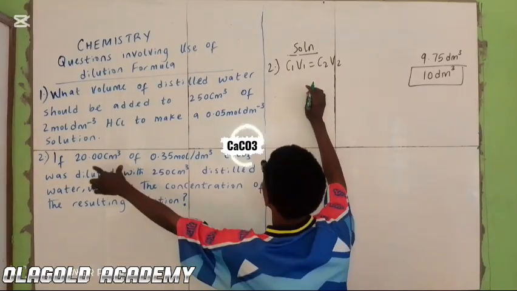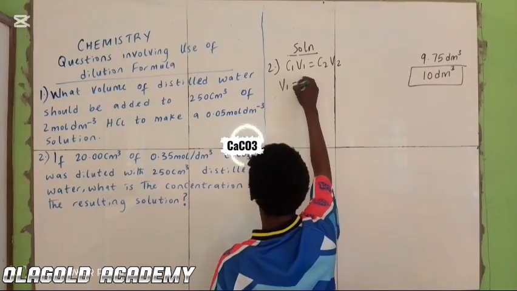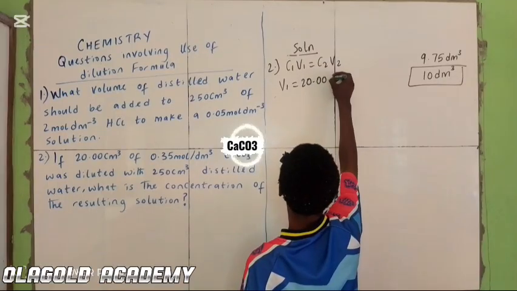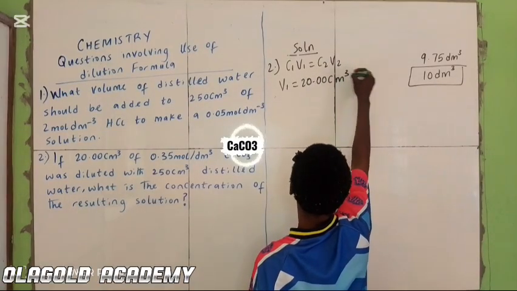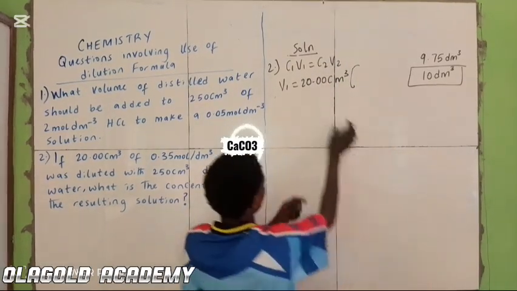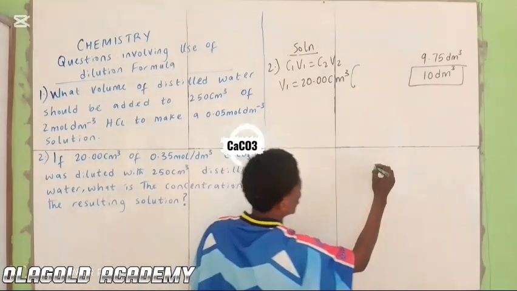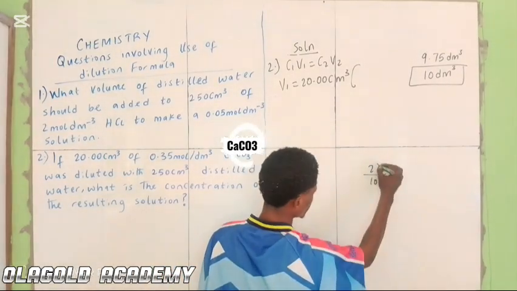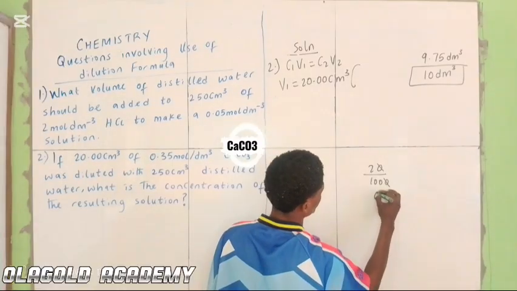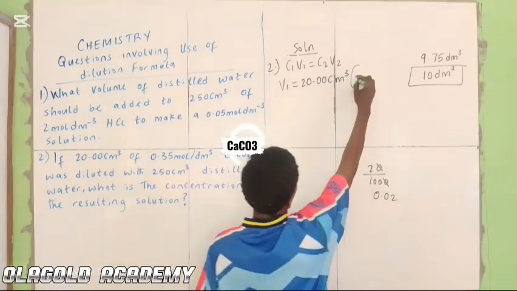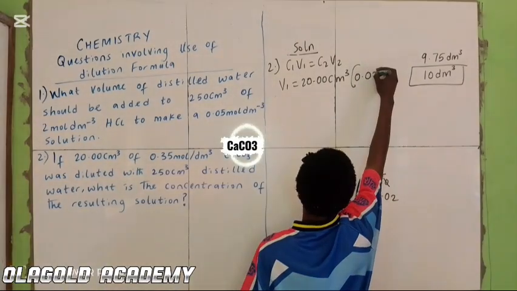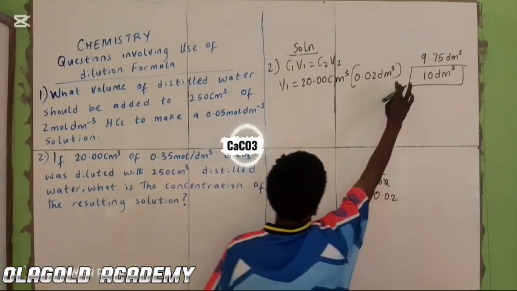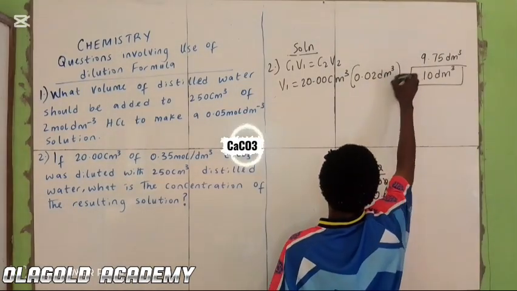All right, V1 equal to 20.00 cm cube, which we convert to dm cube. We have 20 over 1000, 0 cancels 0, so we have 0.02 dm cube. We have this here.